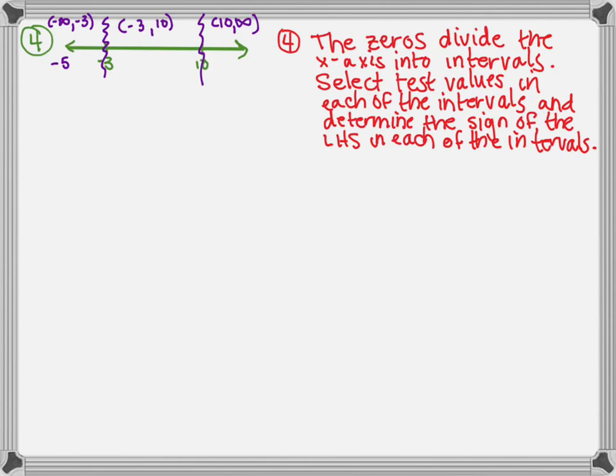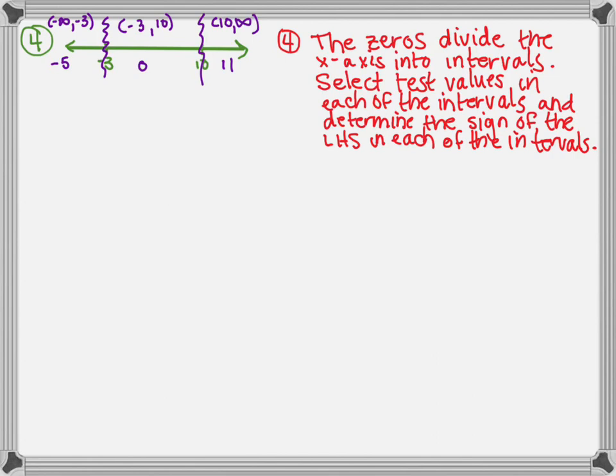Any number in that interval will work. A number that's between negative 3 and 10, I'm going to choose 0. And a number that's between 10 and infinity, I'm going to choose 11. Again, any numbers in the intervals will work. Do not include the end value. So don't include 10, don't include negative 3.